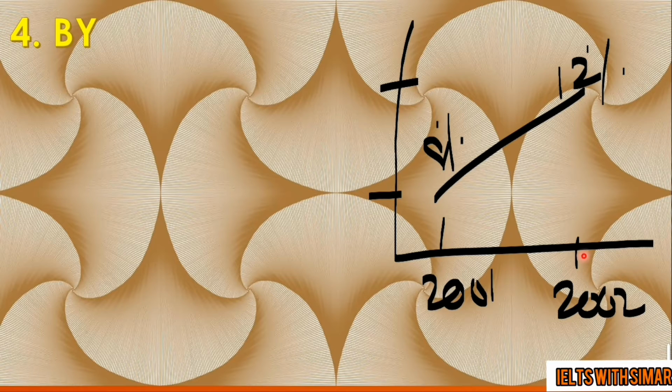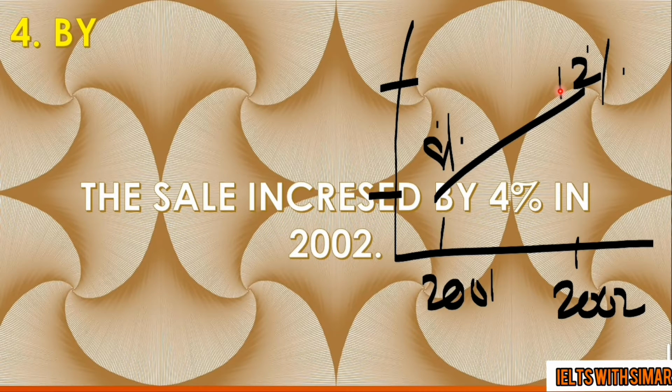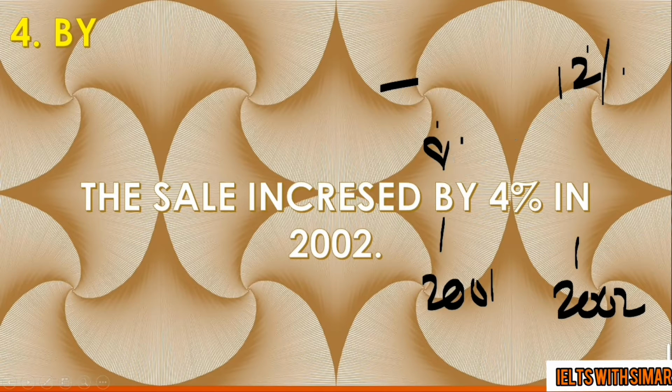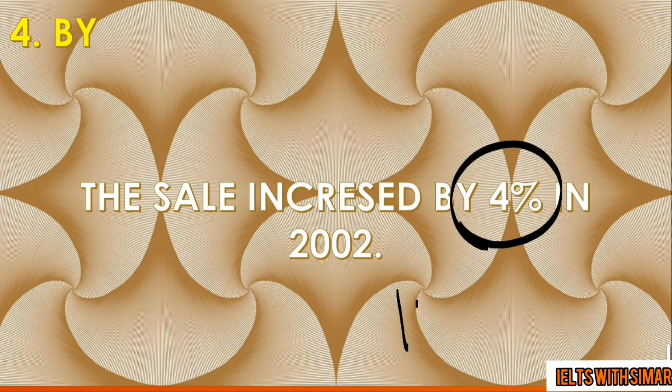But we can also write different, rarer structures. Look at the example now. The sale increased by 4% in 2002. It was the same data, that the sale was 12% in 2002, but we can also write like this. Why 4? 12 minus 8 is 4.